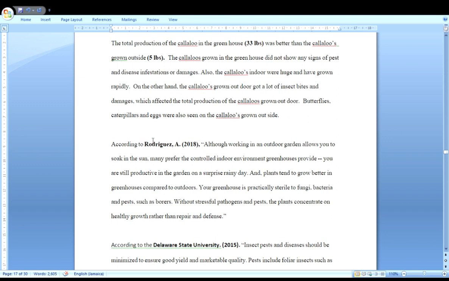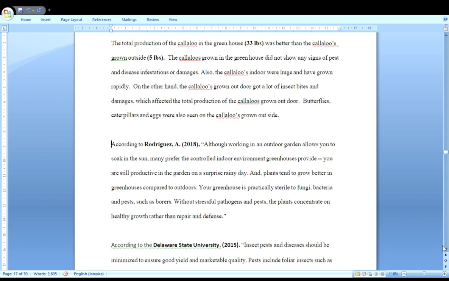So for example, you'd have open bracket Rodriguez A 2018 close bracket. Before that, remember you'd have your colon. So I prefer to do it this way. So with this format, you'd say according to Rodriguez A 2018 and then you comma open the bracket. Alright, you don't need to use a colon there.